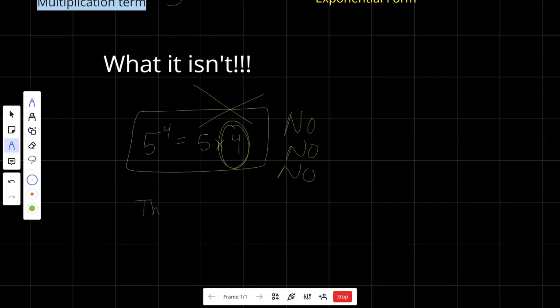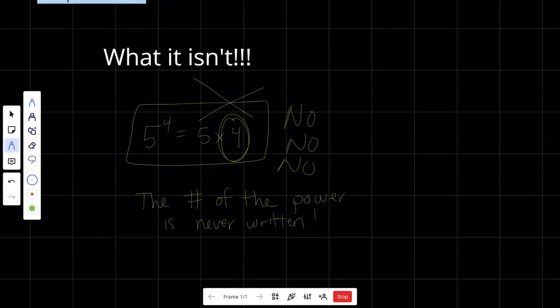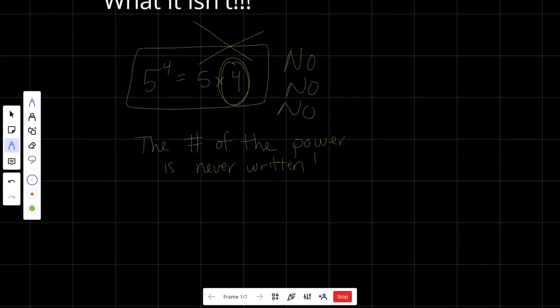So the number of the power is never written. So 5 to the 4th will never be 5 times 4. 5 to the 4th will always be a 5, 4 times. So 5 times 5 times 5 times 5. So we never write the number 4. We just have 5 written down 4 times.